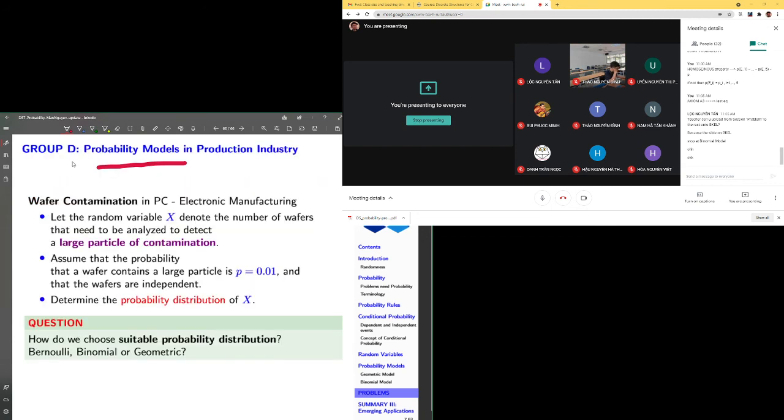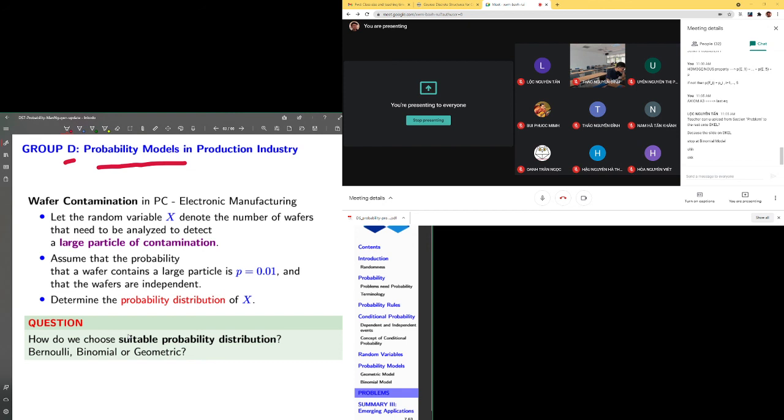So finally, we have a few more minutes, and this is the final group. We talk about the probability model introduction, and the key problem here: how can we choose the proper probability model to employ, where the model can be Bernoulli, binomial, or geometric.